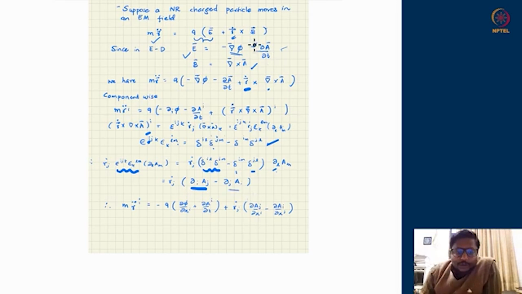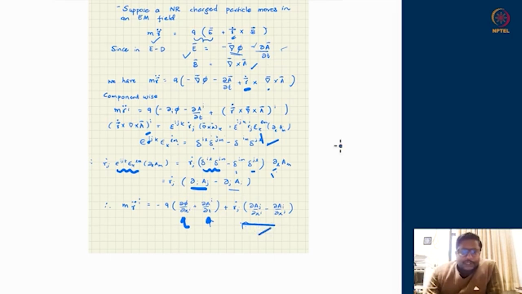So now we have all the things in our hand. We have the ith component of the acceleration is equal to minus q times these two terms, where this first is the gradient with respect to ith coordinate, then the temporal derivative of the ith component of the vector potential, and the ith component of the cross product between V and curl of A, which is this term.